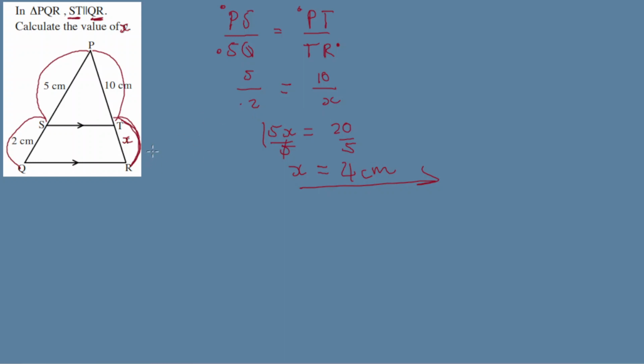Sometimes they may ask you to calculate a different length, maybe TR. Then you must use a corollary that includes that length: you would say PQ divided by PS or SQ, then PR divided by PT if you choose PS, and then divided by TR if you choose SQ. It depends on which one you choose, but make sure the unknown one appears in your ratio.